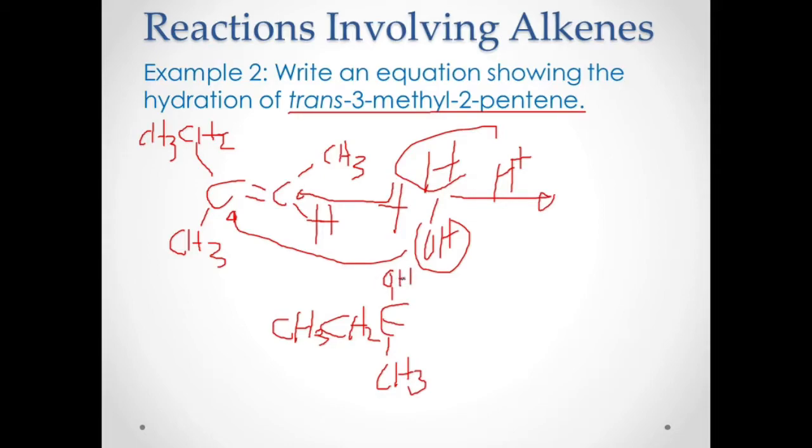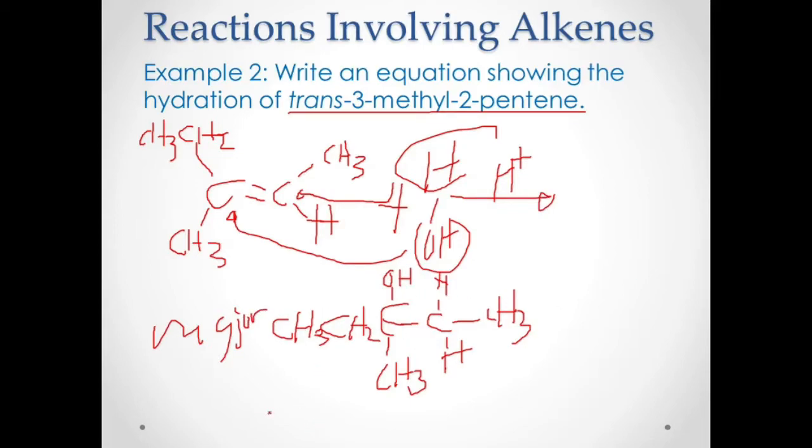Then you have your carbon added with the H, then you have your CH3, and you have your H. So this would now be your major product. So this is now the major product.